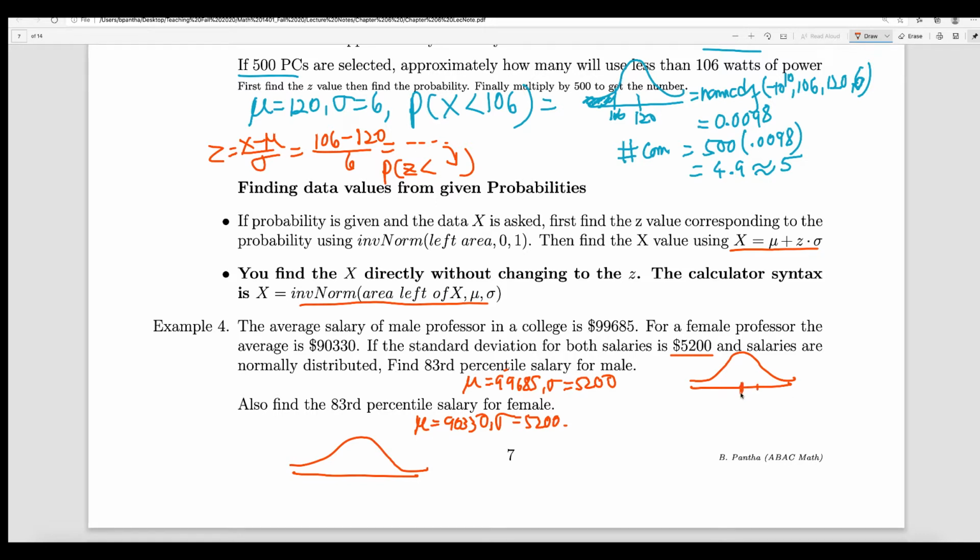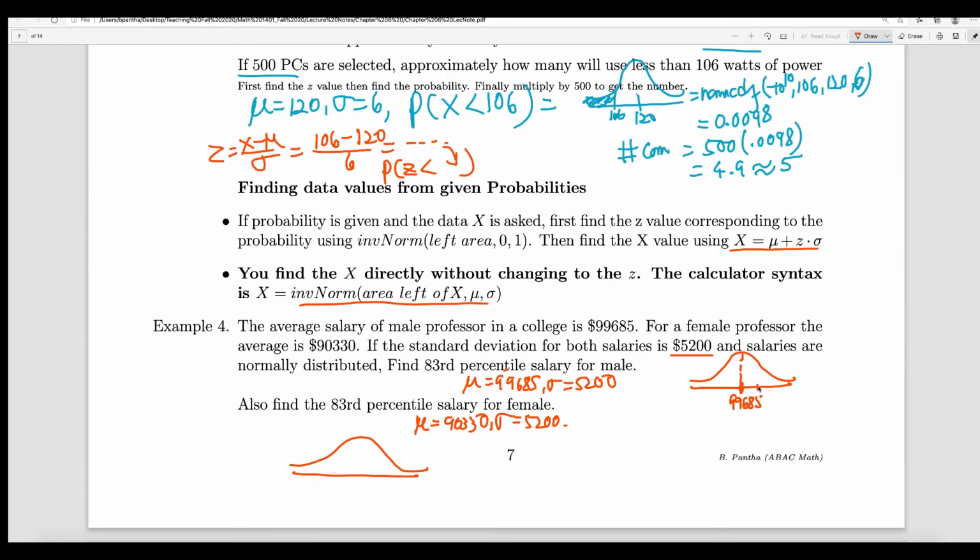So this number is what? 99685. This is that number. The mean is 99685, so 50% of the values are less than 99685. But the question asks, what is the value that has 83% of the data below it?